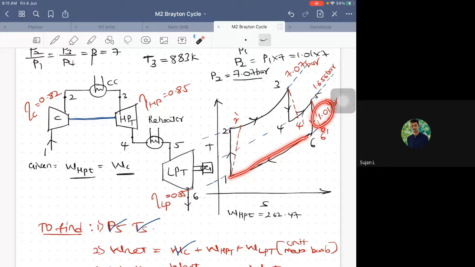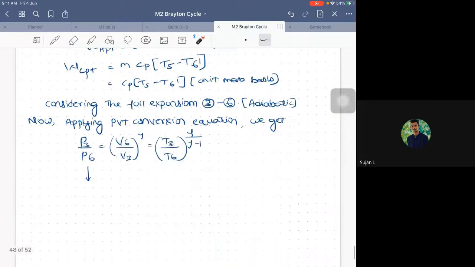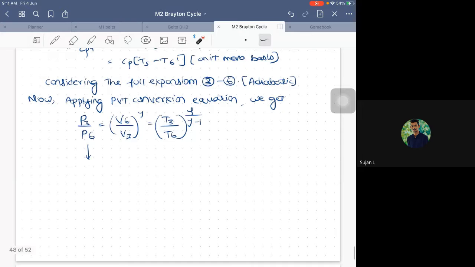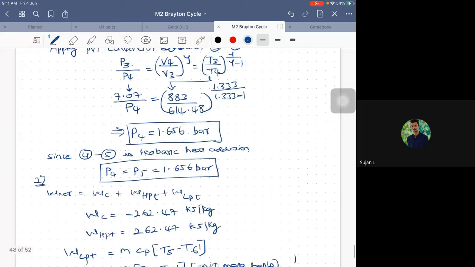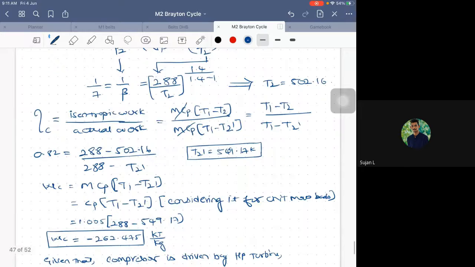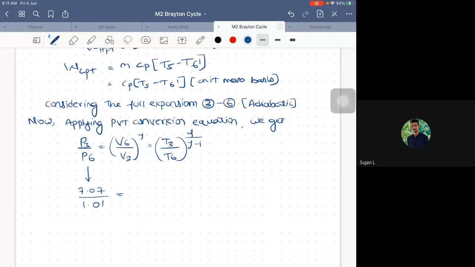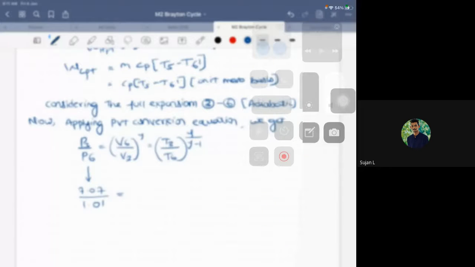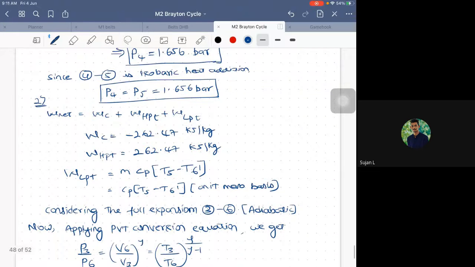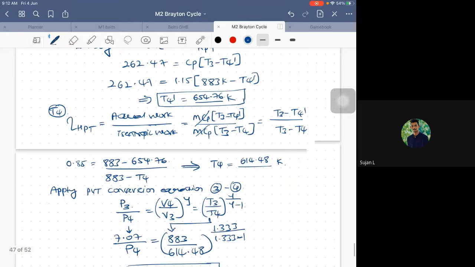So when I'm picking those two values for my calculation, P3 value was how much? 7.07 bar divided by P6, which is 1.01. What is the value of T3, guys? 883, no?